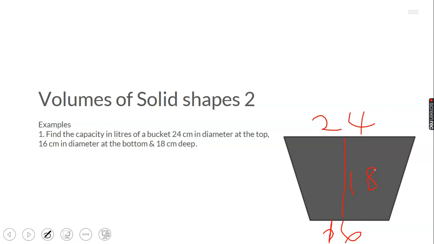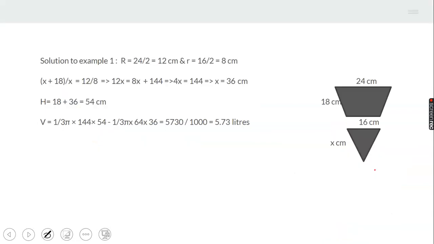To do this, we have to complete the cone from which you get the bucket. A bucket is a frustum of a cone. So first of all, the solution is as follows. This is the bucket. We just need the lateral dimension. And this is the cone that is removed in order to form this bucket.